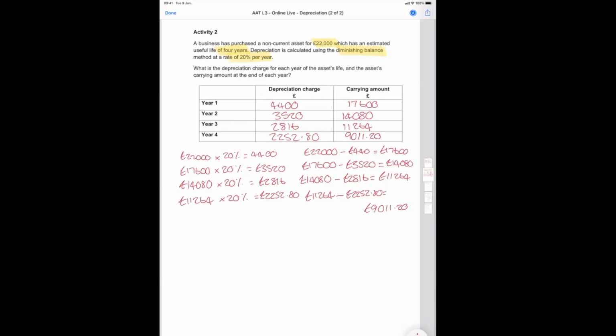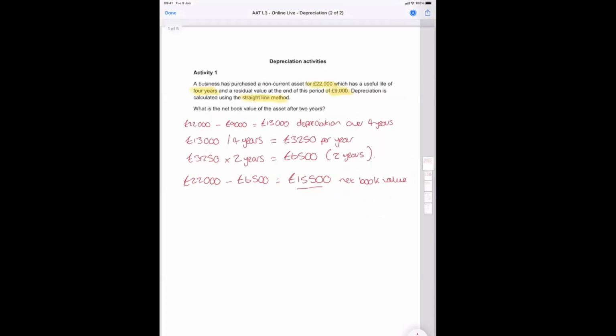What you'll notice is that the depreciation charge in the earlier years is higher because you're applying that 20% to a higher cost, and it gets gradually lower over time, as opposed to the straight line method, which we can see was a fixed amount of £3,250 per year.